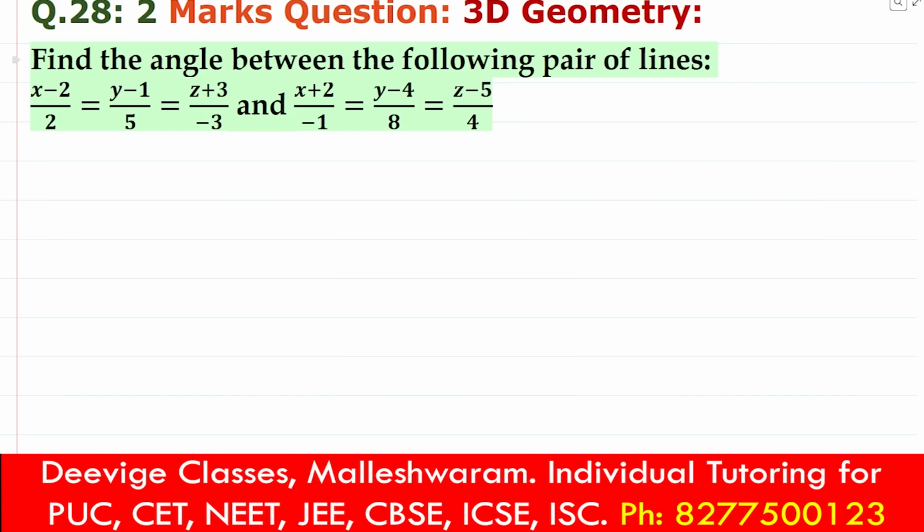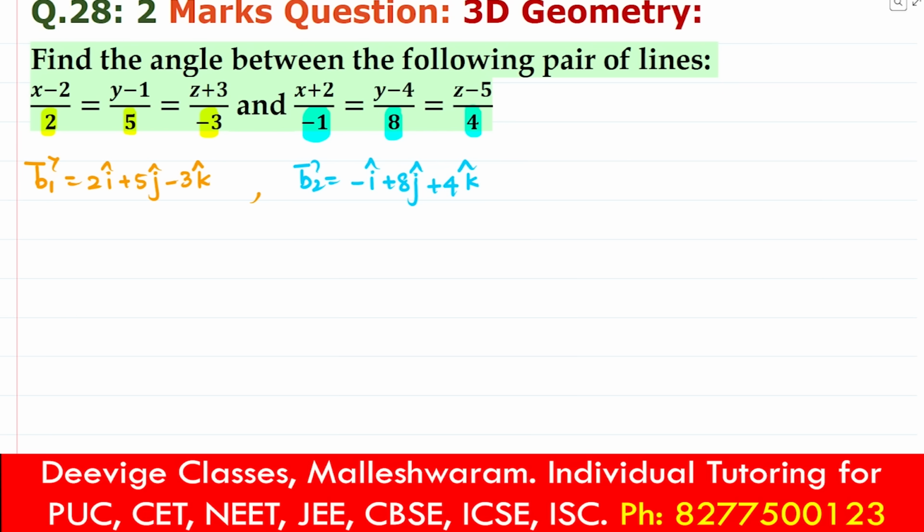From these equations, first we have to write b1 and b2. From the first equation, 2, 5, minus 3 is b1, and from the second equation, minus 1, 8 and 4 is b2. So vector b1 is 2i cap plus 5j cap minus 3k cap, and vector b2 is minus i cap plus 8j cap plus 4k cap.